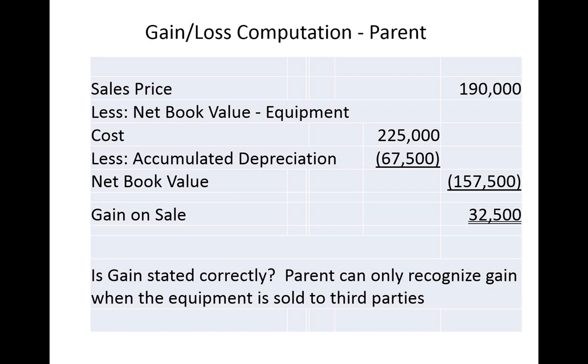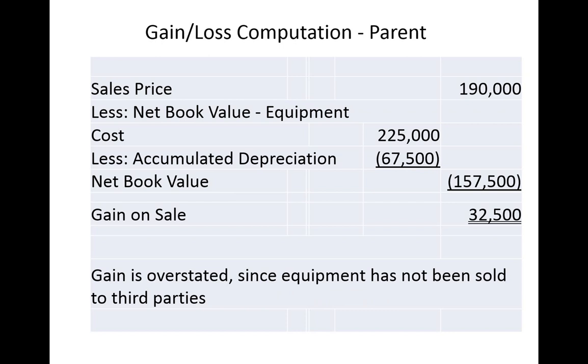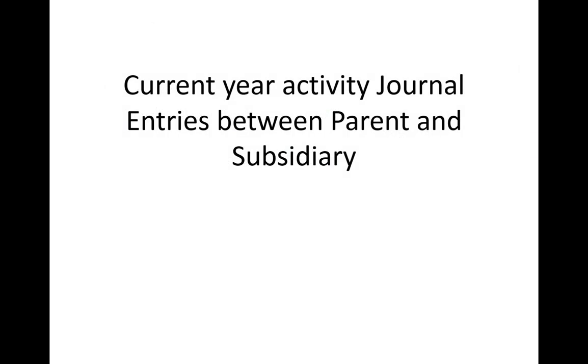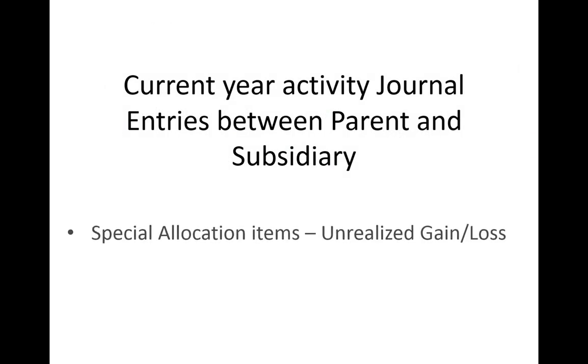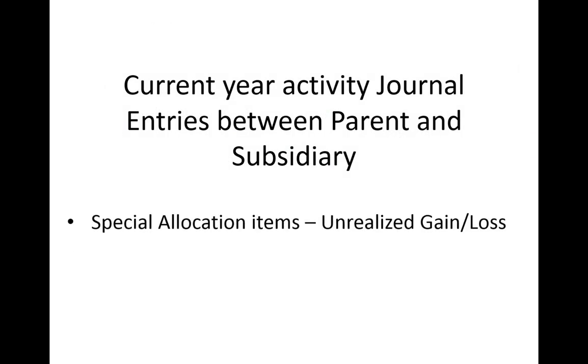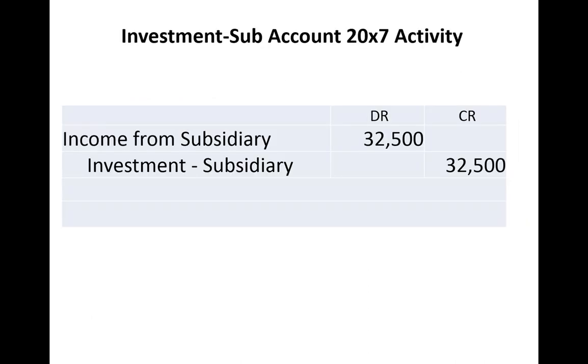So we're going to have to pay attention to this as we progress. And again, the gain is overstated. So we've got to do something with this overstated gain. What we're going to do is very similar to what we did with the land: we've got to take the gain out or reduce the income.